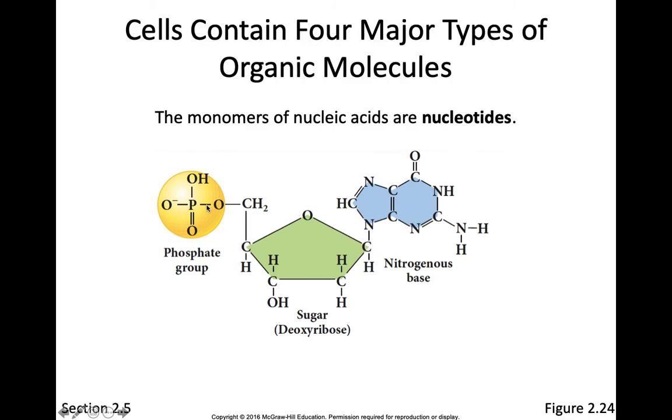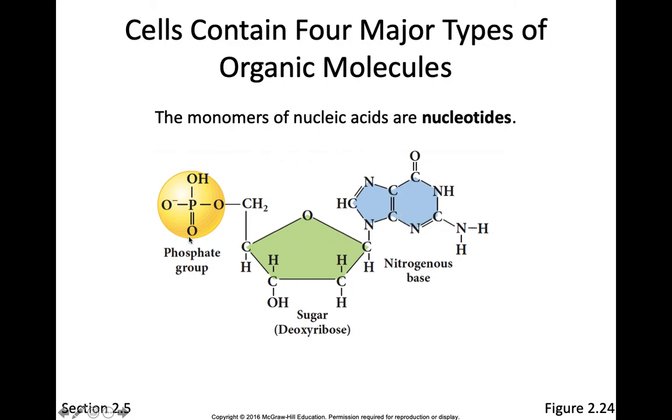A nucleotide is made up of three different things. You have a phosphate group over here. Phosphorus right there is what gives it its name. This is what makes a nucleotide a nucleotide. You have your sugar here. It's either going to be deoxyribose in DNA or ribose in RNA. And one of five nitrogenous bases.